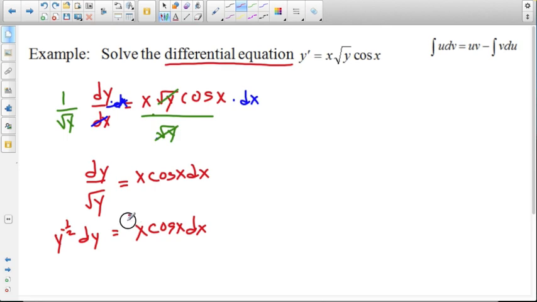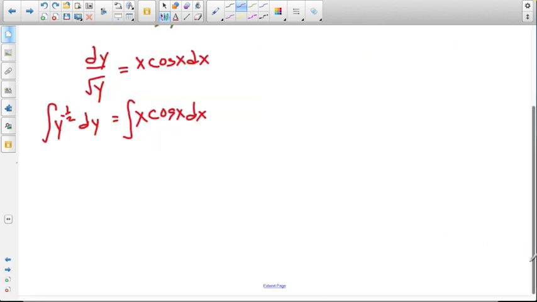So let's go ahead and integrate each side here. Integrating the left-hand side is going to give us, adding 1 to this gets us positive a half. Taking the reciprocal is 2, so this is 2y to the positive half equals, and then over here, we're going to have to decide what our u and our dv is going to be.